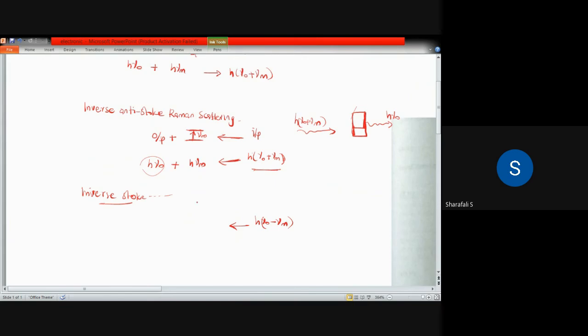Here you will get plus h nu m, or this one will be minus h nu m.